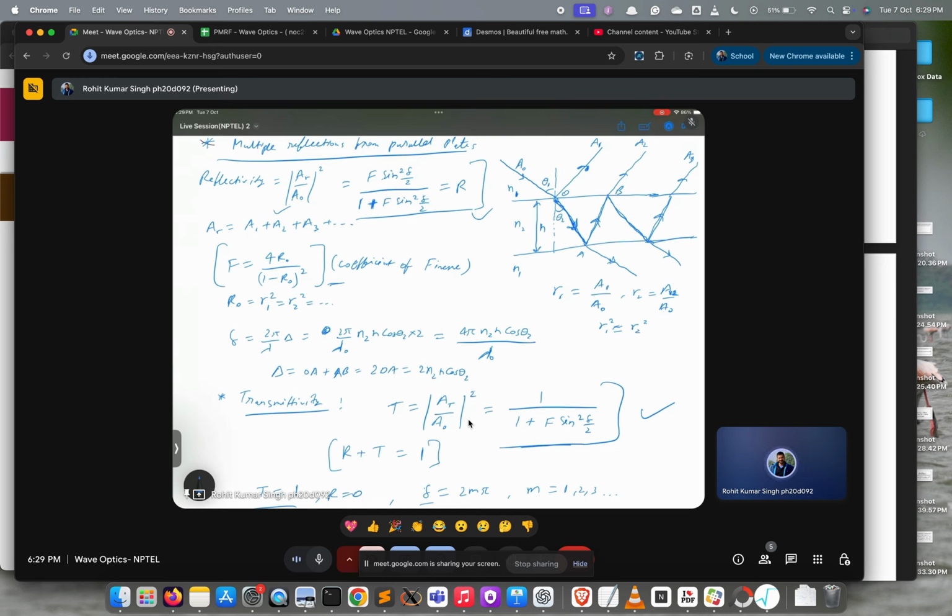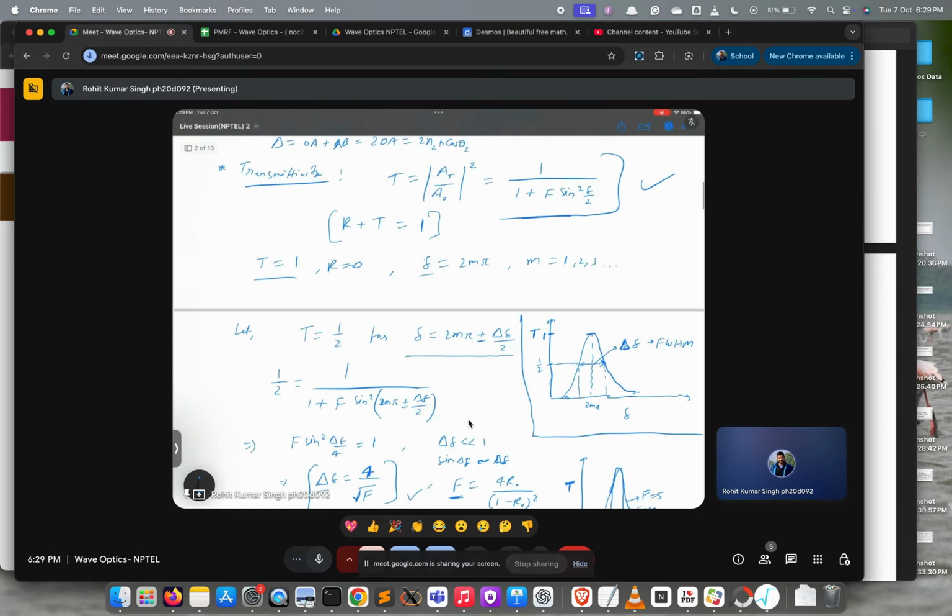So that means if reflectivity is more, then the incident light is reflected more. So r plus t should be equal to 1. Now if r is equal to 0.8, automatically t will be equal to 0.2. So your light has reflected more than it has transmitted.